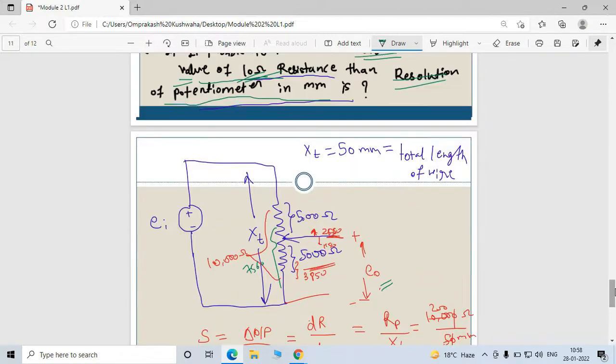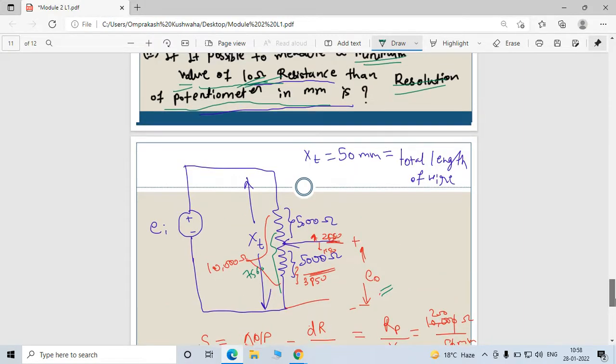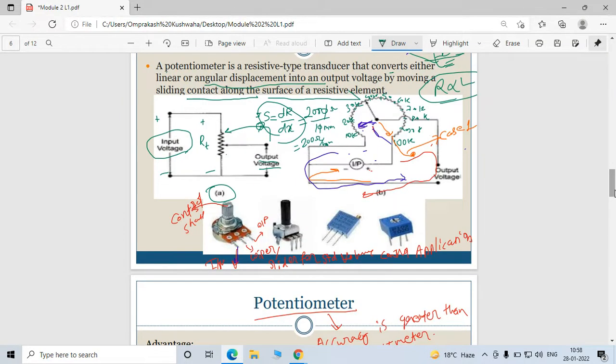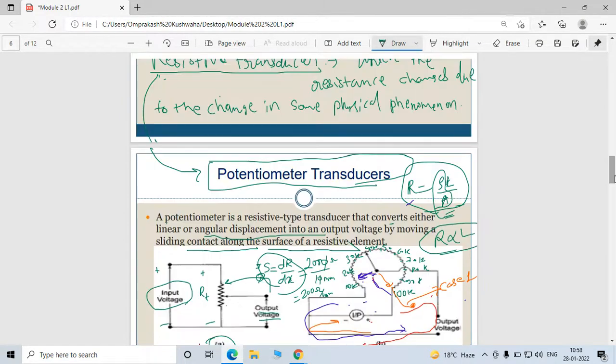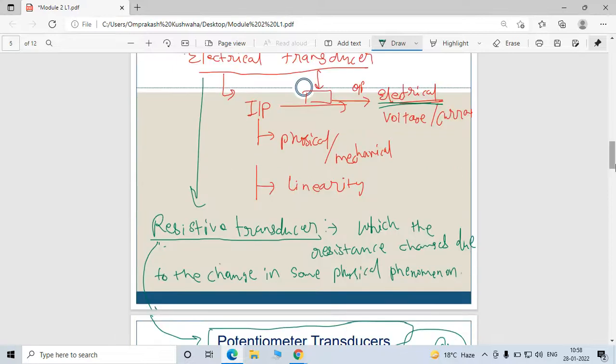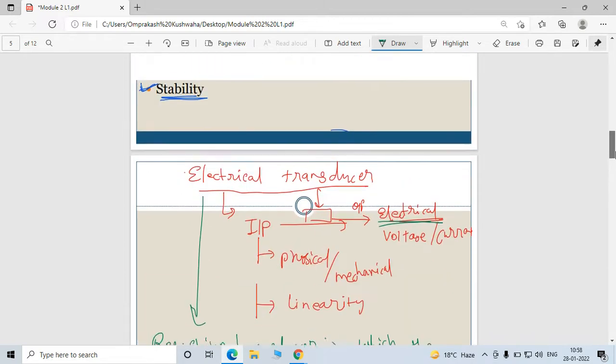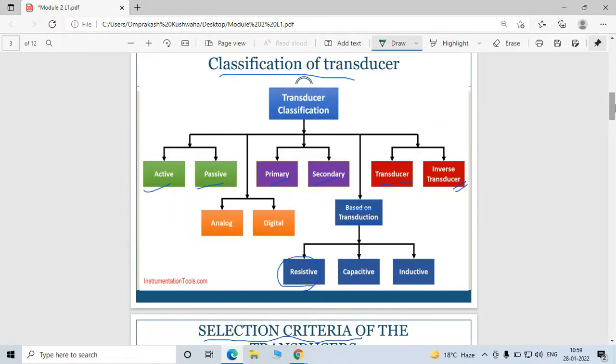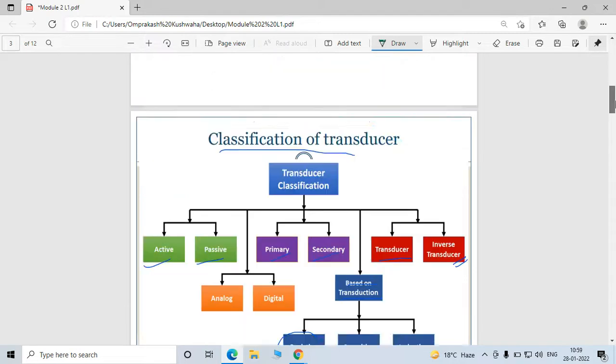So that's it for today, and this is for your potentiometer. In the next class we will also see the strain gauge and LVDT, that is linear variable differential transformer. These are all different types of transducers we will cover in this unit number 2.